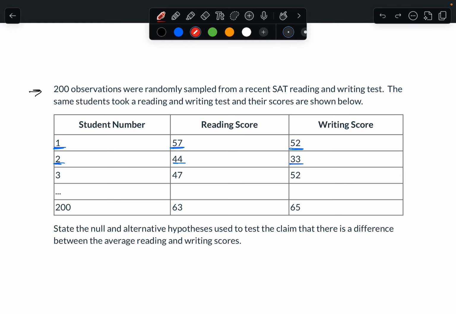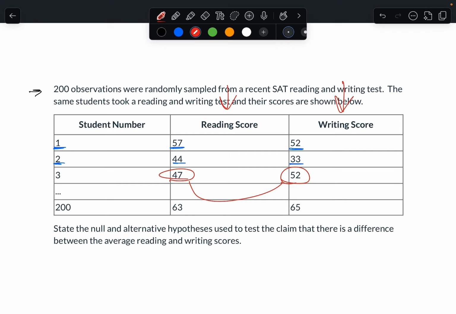I need to make the determination, is this an example of paired sampling or is this an example of independent sampling? Meaning, if I look at the reading scores and pick one reading score at random, let's say I pick student number 3's reading score, is that going to correspond to one particular writing score over here? In this case, it probably only makes sense to compare student number 3's reading score with student number 3's writing score.